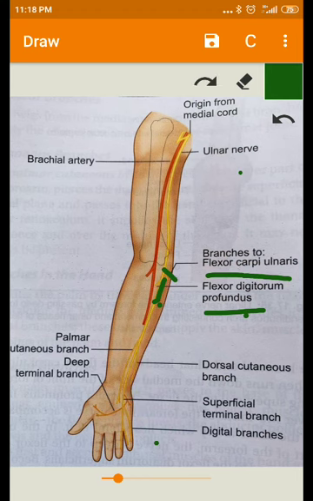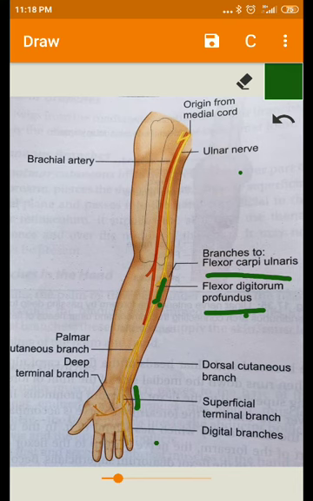Okay. It then winds around the medial side of the wrist to reach the dorsum of the hand. After giving out cutaneous branches to the wrist and back of the hand, it terminates in 3 dorsal digital branches.